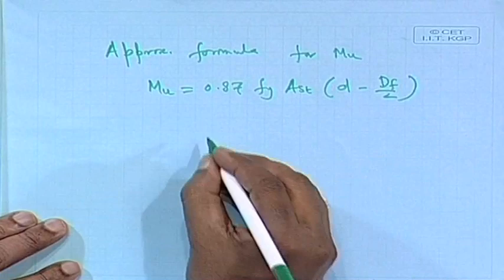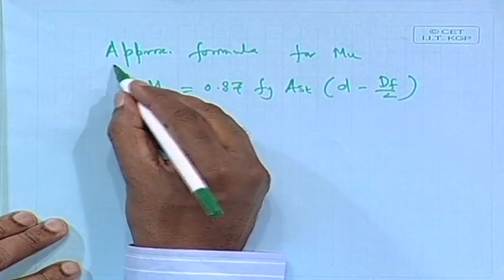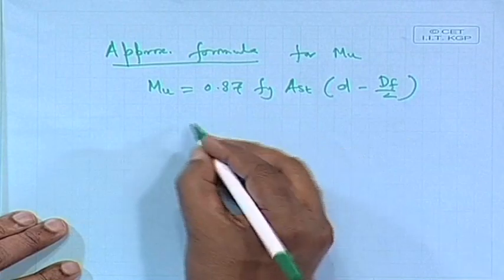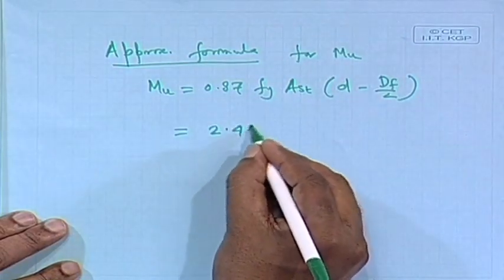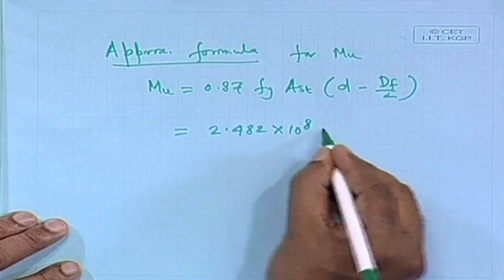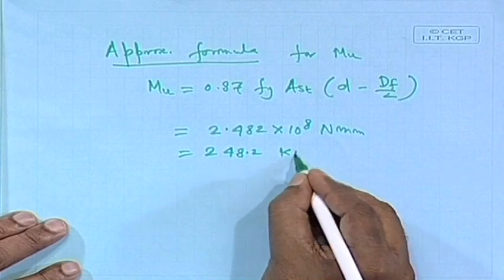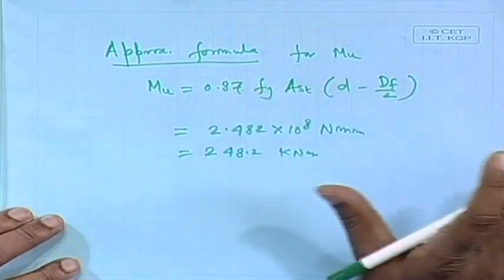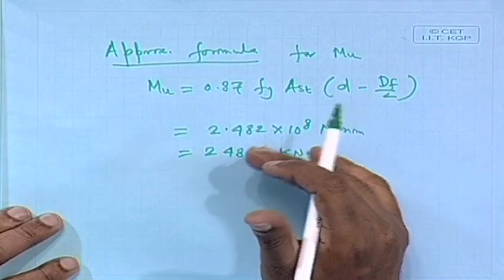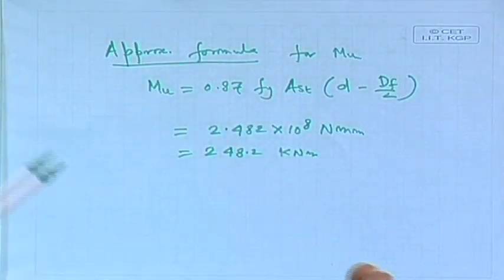Here I have written df, approximate formula, and if we put all the values we get 2.482 into 10 to the power 8 Newton millimeter, equal to 248.2 kilonewton meter. On the basis of steel yielding, I get the approximate 248.2. If you have a good design, we can come closer to this value, because after all we shall get a balanced section. So, we shall finish this design of flange beam here. Thank you.